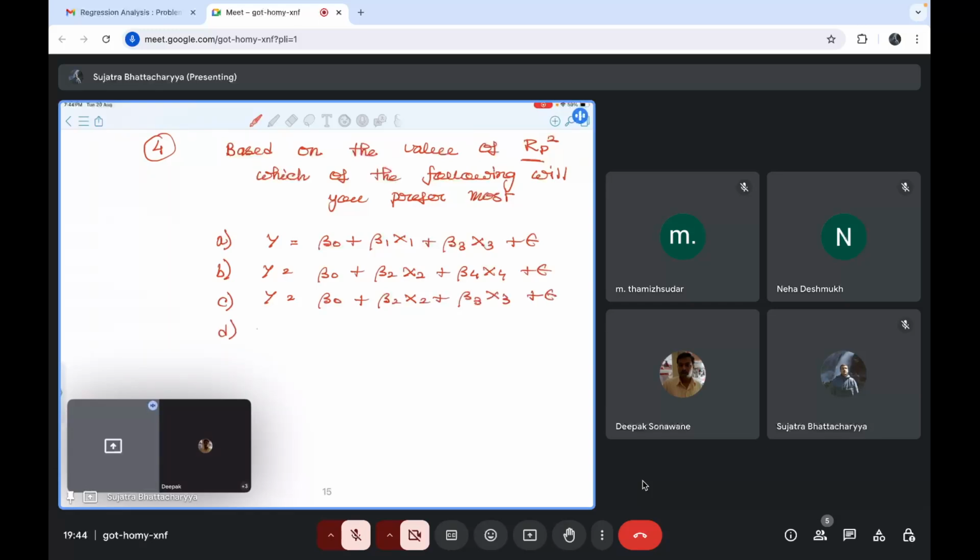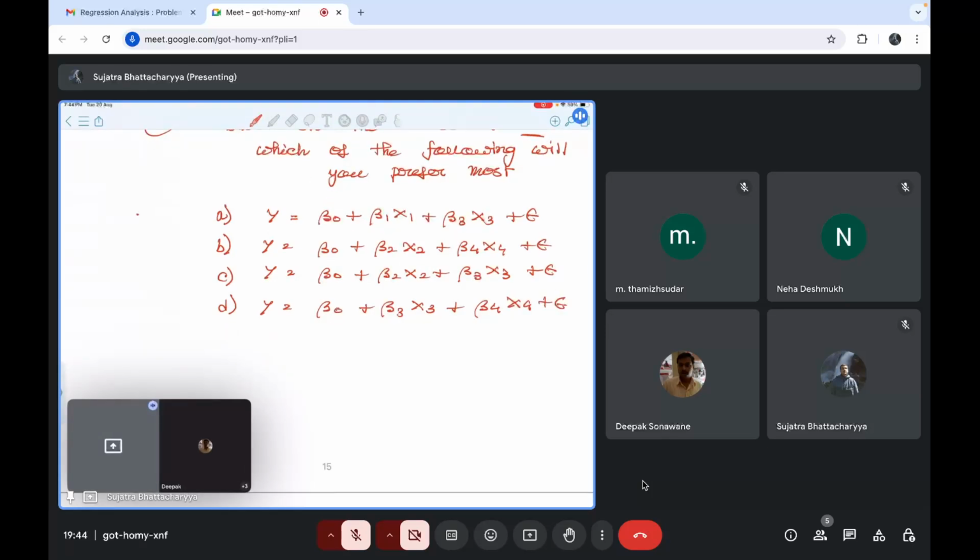And last, y equal to beta naught plus beta 3 x3 plus beta 4 x4 plus epsilon. Right? So essentially, it is nothing but x1, x3. This is x2, x4. This is x2, x3. And this is x3, x4.